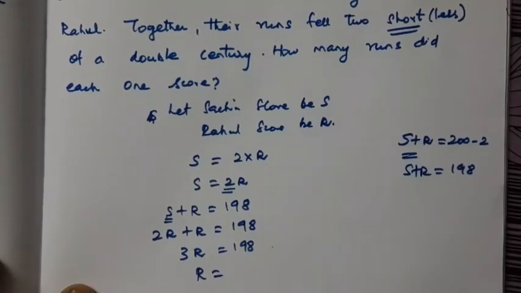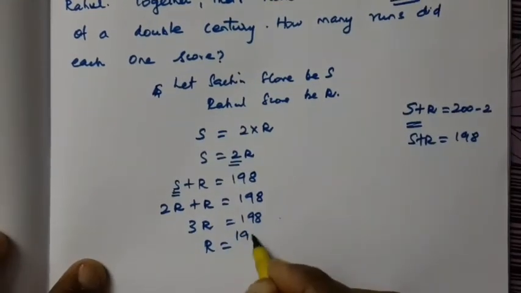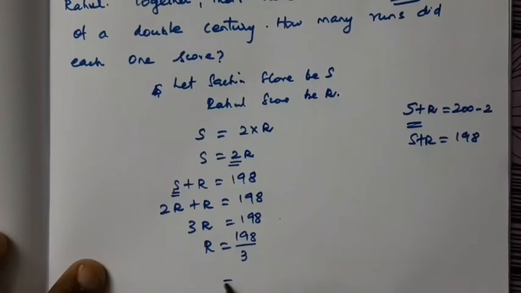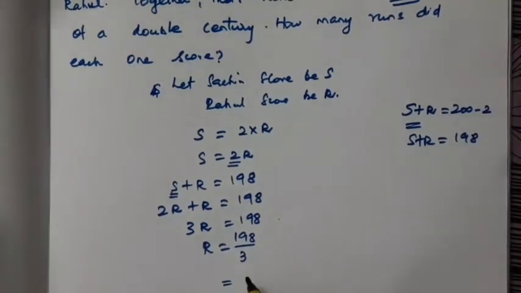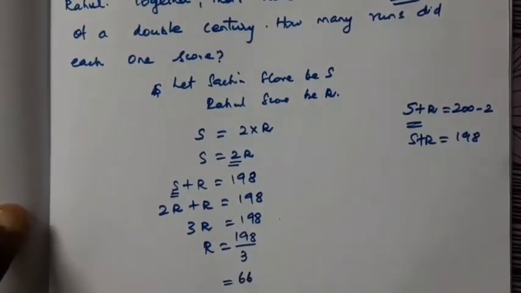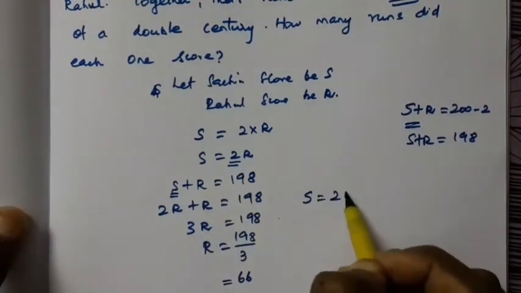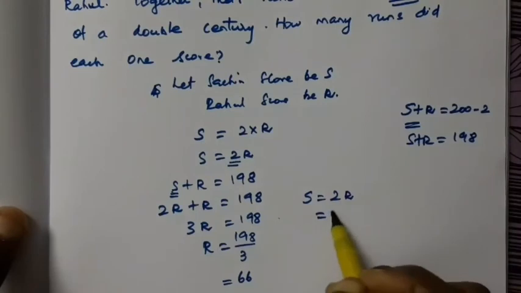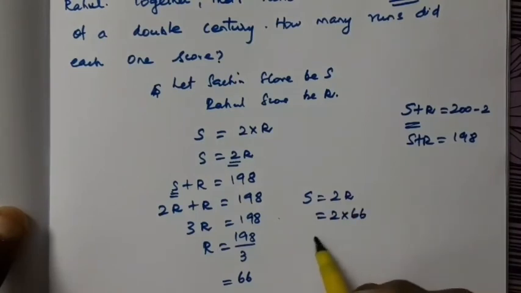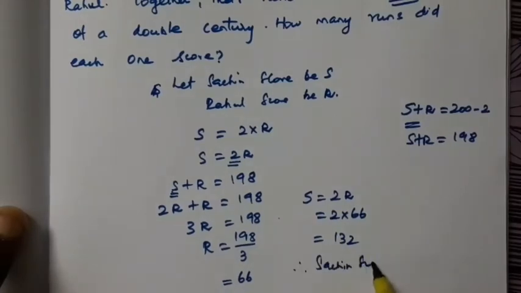I am going to divide by 3 on both sides. 198 divided by 3 is 66. We have to find Sachin's score, which is 2R. 2 multiplied by 66 is 132. Therefore, Sachin's score equal to 132.